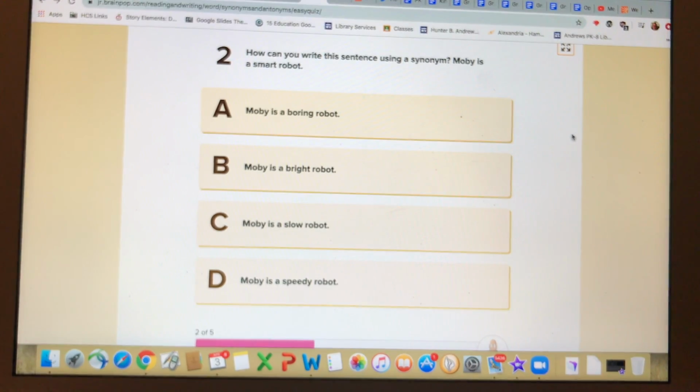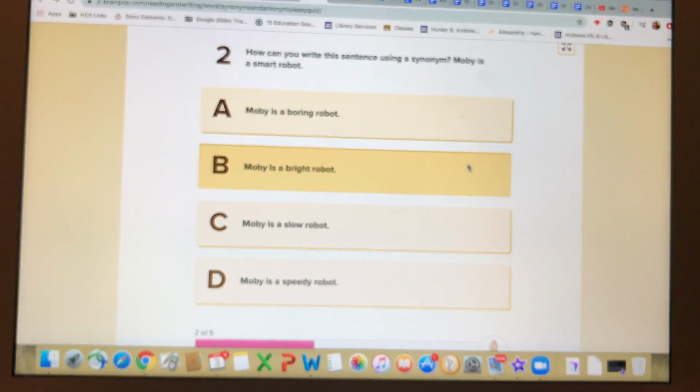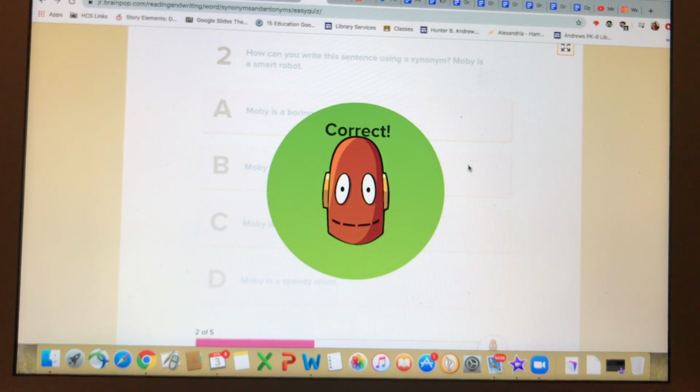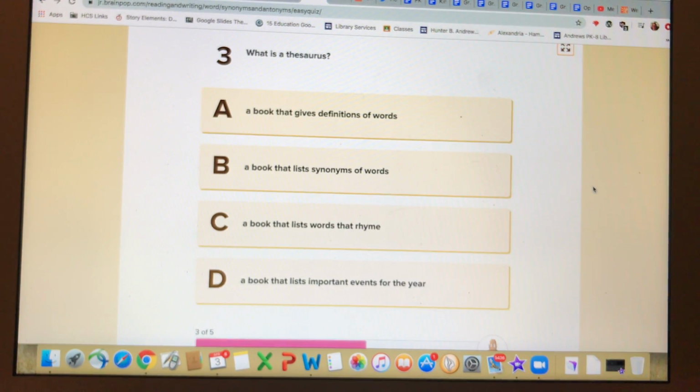This is a good learning moment, because a lot of times people use the word bright to talk about someone who is smart. They might say, she is a very bright student. She does all of her work and she knows all the answers. So sometimes bright is used for smart. Moby is a bright robot. Okay, good job.